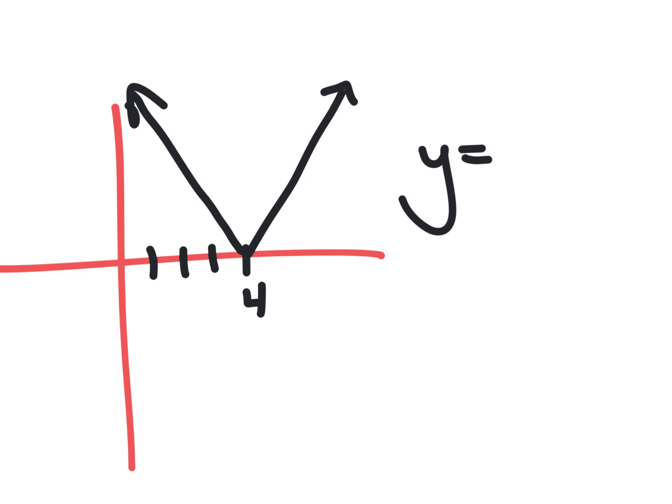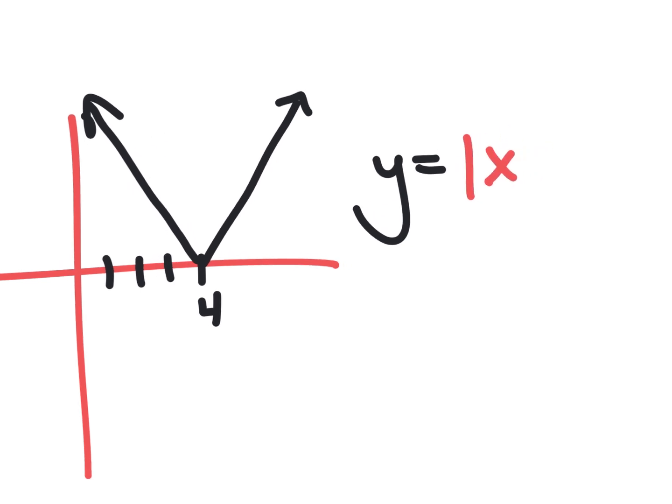Yeah, exactly. A U would be X squared. All right. So you should have said that's the absolute value graph, but it's been moved to the right 4.